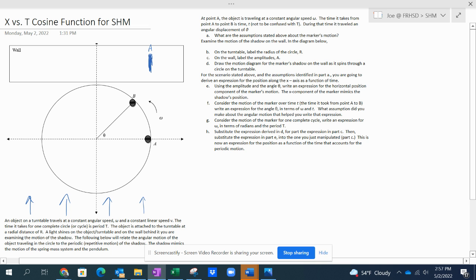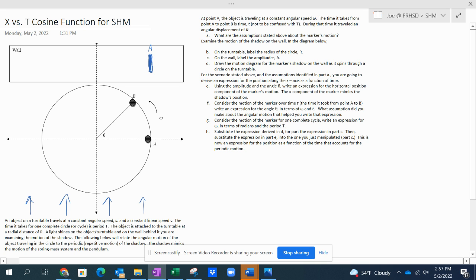Sorry, that's a really weird shadow. Then what we're watching is as the object goes around in a circle on the turntable, the shadow on the wall goes back and forth. It's essentially looking at the horizontal position of this as it goes around in a circle.